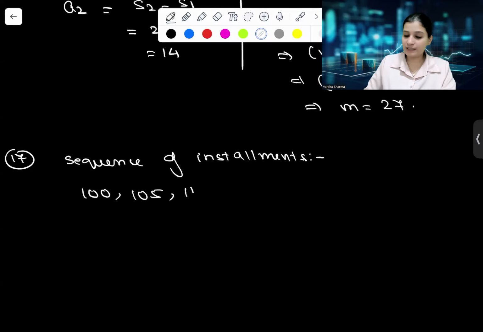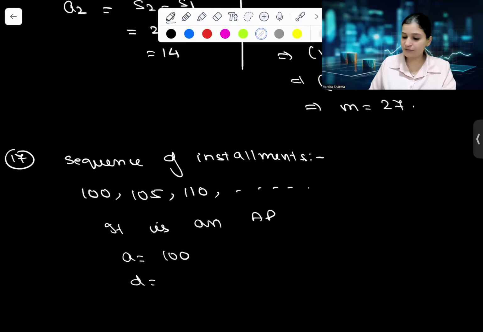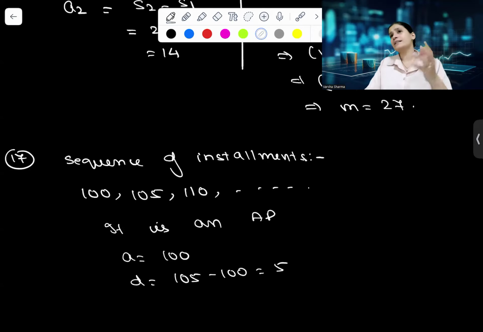Then the third will be 110 and so on. So it is an AP where the first term is 100 and the common difference is 5. You could have directly written, since it is increasing by 5, D is 5. If it would have been decreasing by 5, D would have been minus 5.